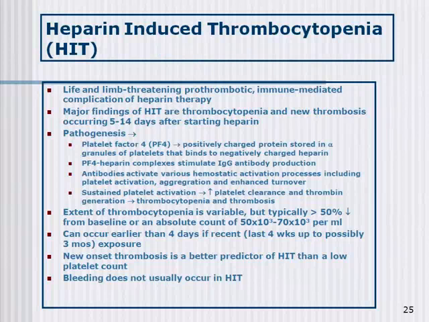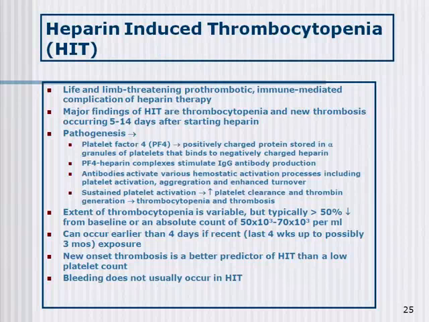thrombocytopenia. You have low platelet counts because the platelets tend to malfunction and clump together, and when you do a platelet count, the clumps of platelets that are intravascular do not get counted. So you end up with a low platelet count, but these patients tend to clot because the platelets are clumping intravascularly.